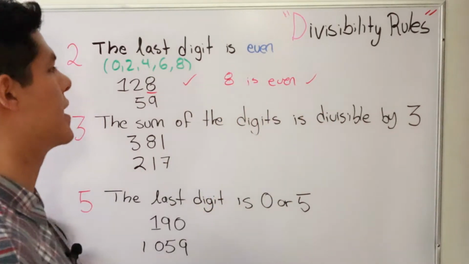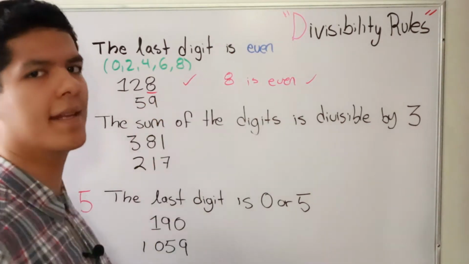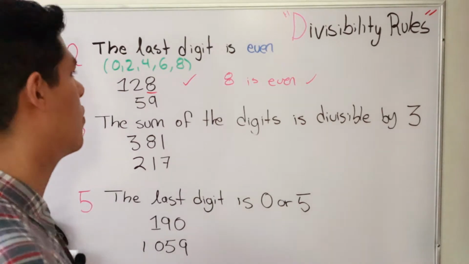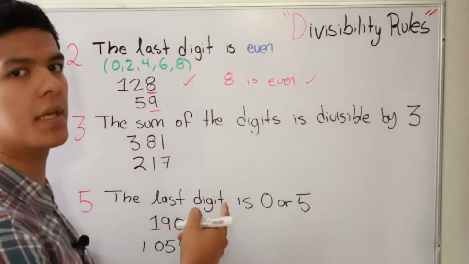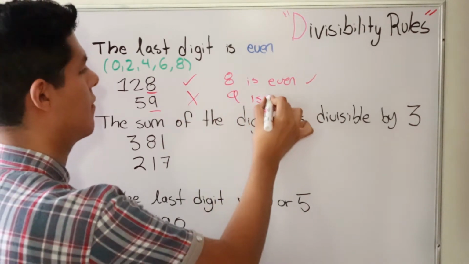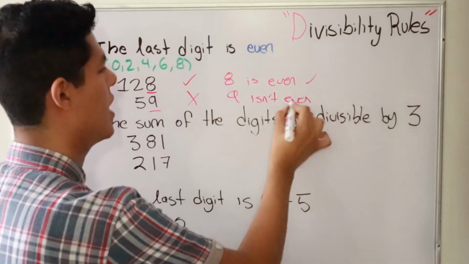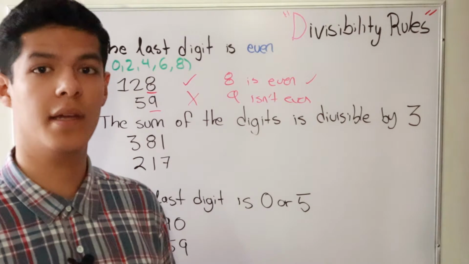So this is correct. And is 59 divisible by 2? Well, no, because 9 is an odd number.